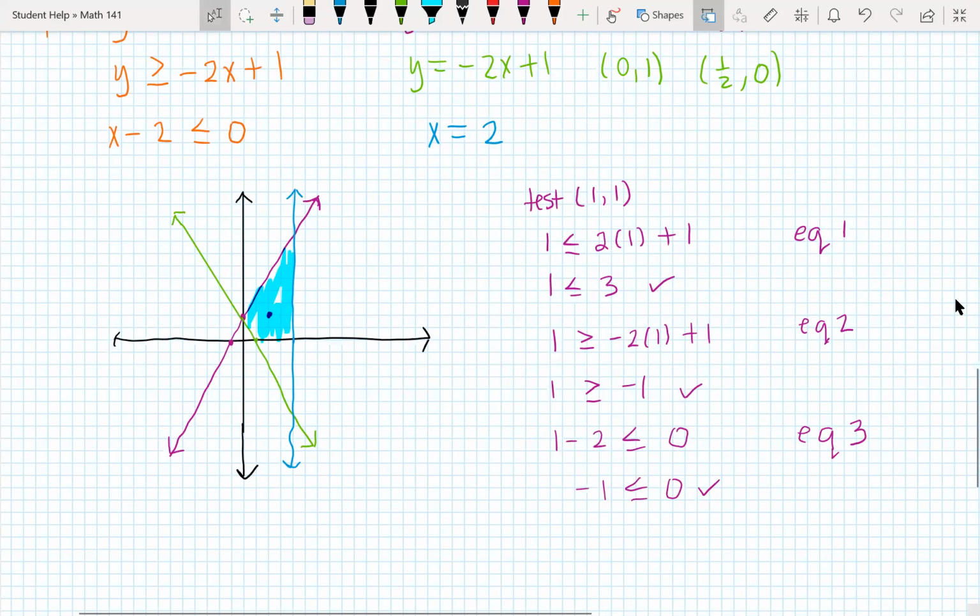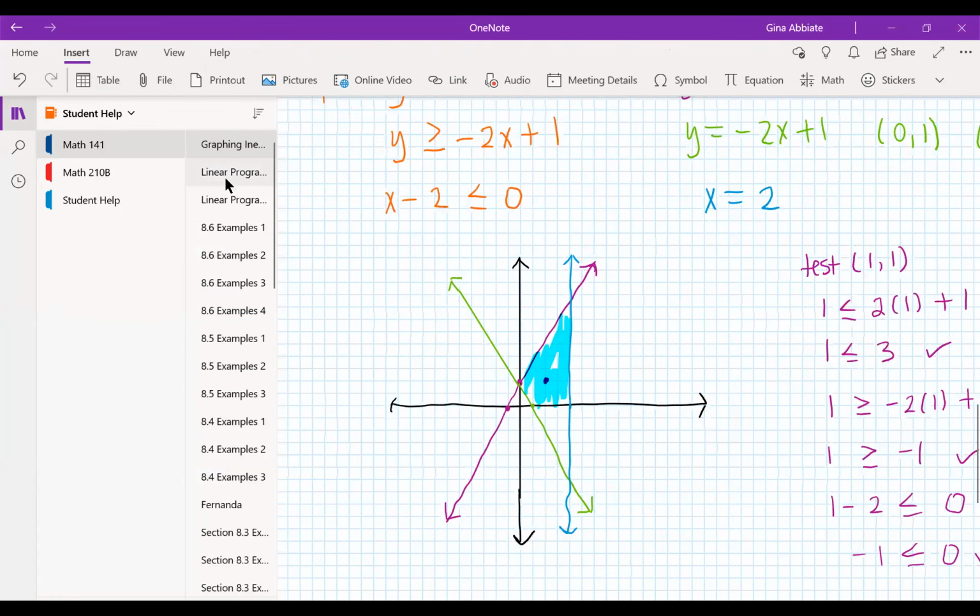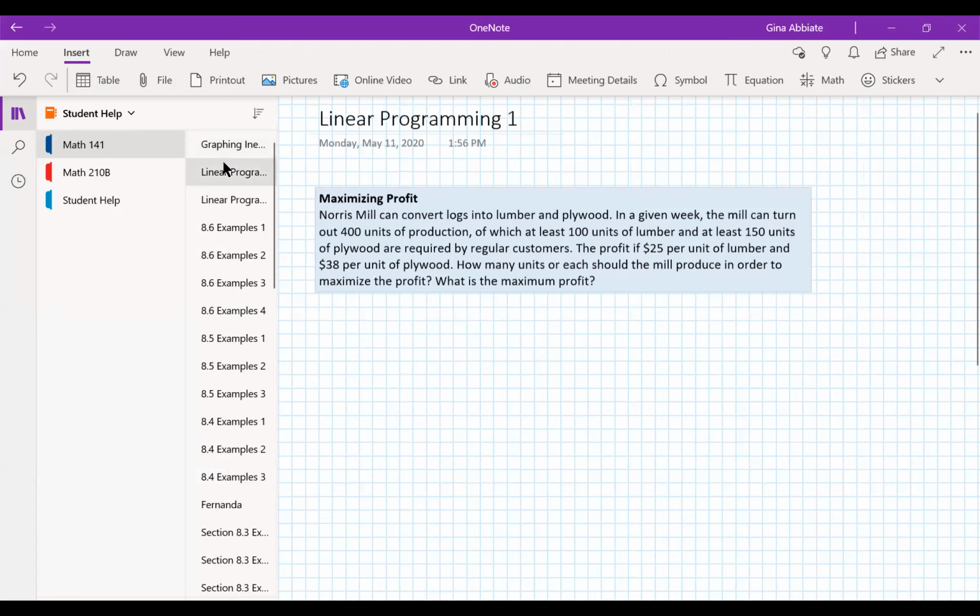All right, for our next couple examples, we'll do some application problems. These are called linear programming, just fancy words for word problems that involve inequalities. So we have a mill that's converting logs into lumber and plywood. In a given week, the mill can turn out 400 units of production, of which at least 100 units will be lumber and 150 units will be plywood.